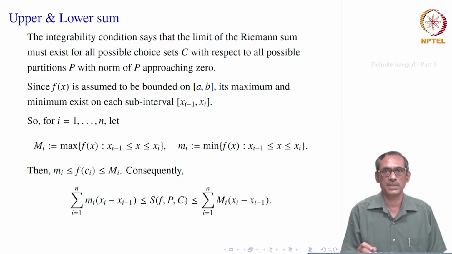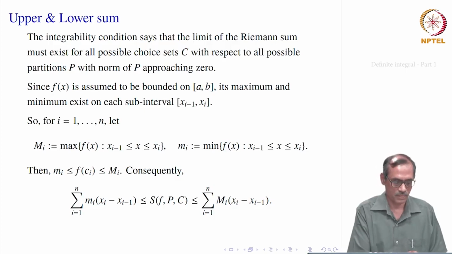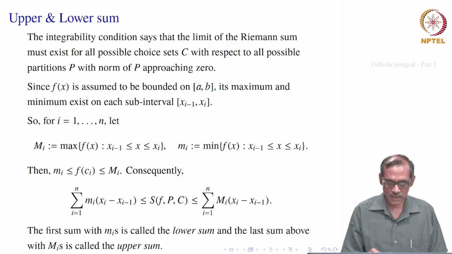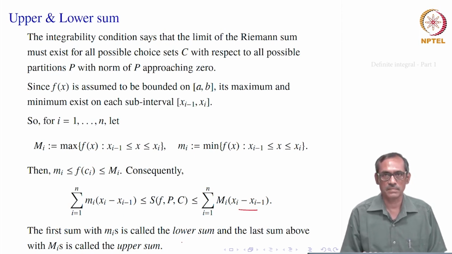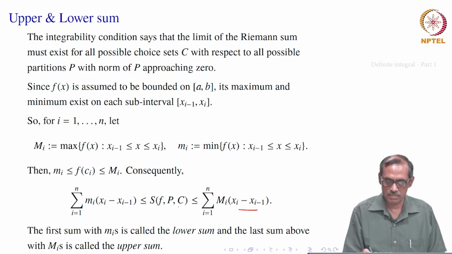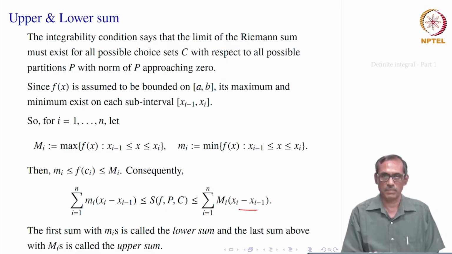By choosing choice points suitably, we can get these two also, right. And our constant is that the limit exists, fine. So, this limit also exists on the left side, and on the right side this limit also exists, because they are particular c I's according to our definition, and they are bounded. Our S f p c is bounded by these two sums.